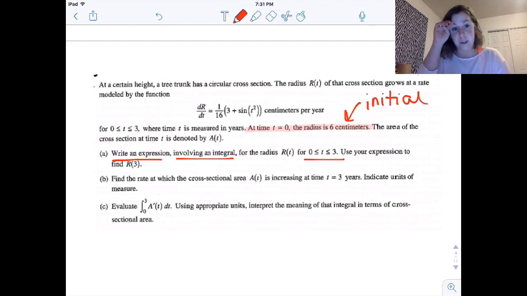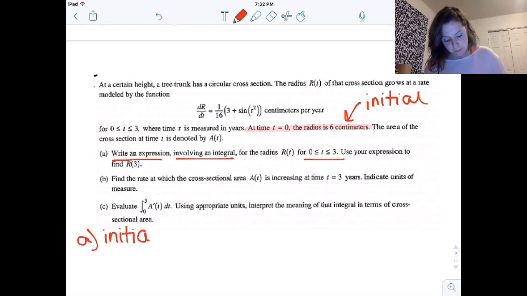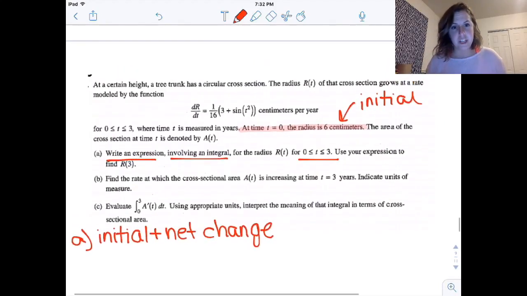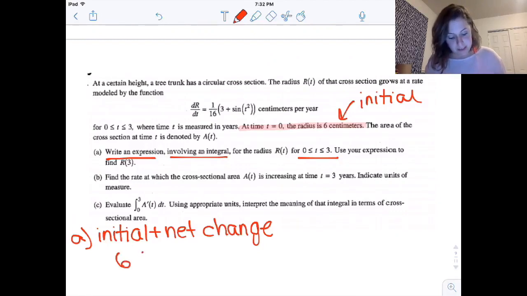So remember that my value at any given point is going to be the initial plus the net change. The initial here they told me was 6. And the net change in radius is going to be the integral of my rate.